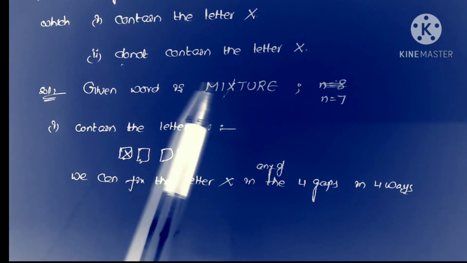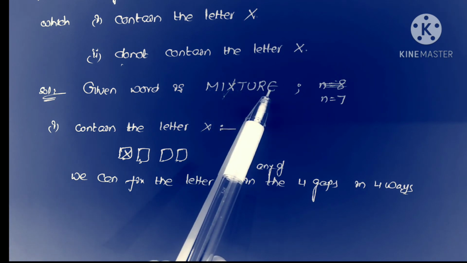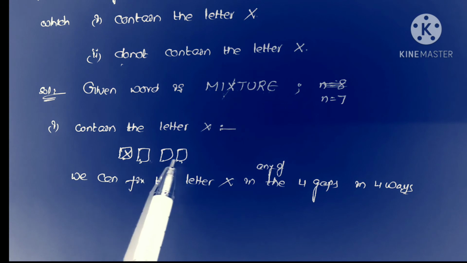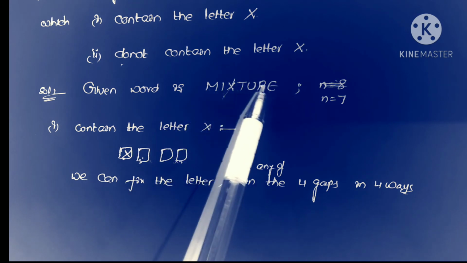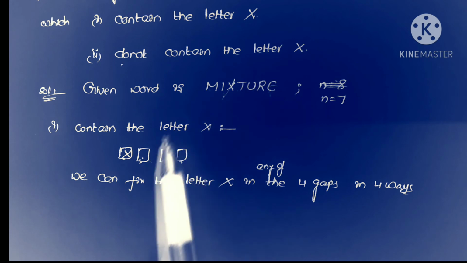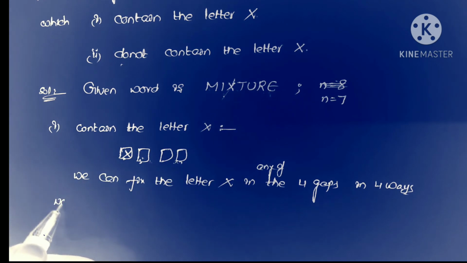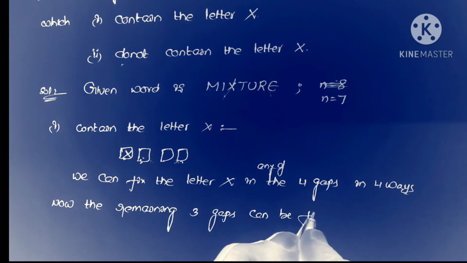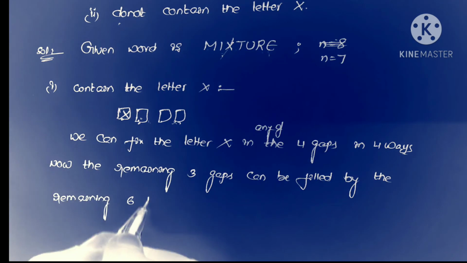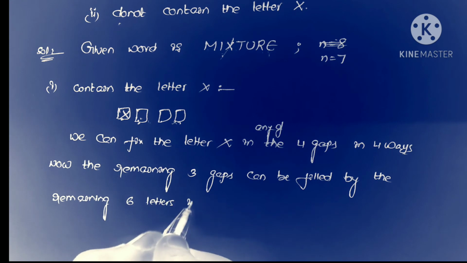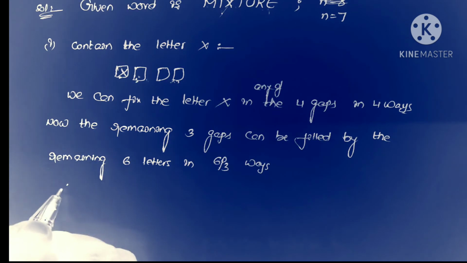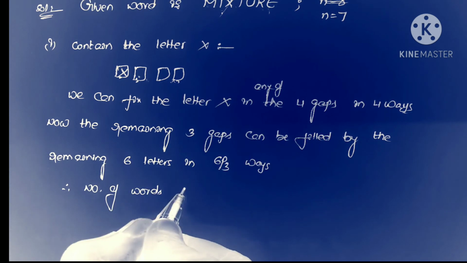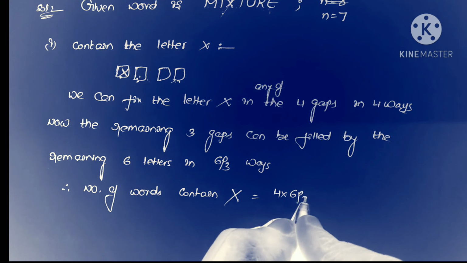Now we can fill these 3 gaps with the remaining 6 letters in 6P3 ways. Therefore, the number of words that contain the letter X is equal to 4 into 6P3.